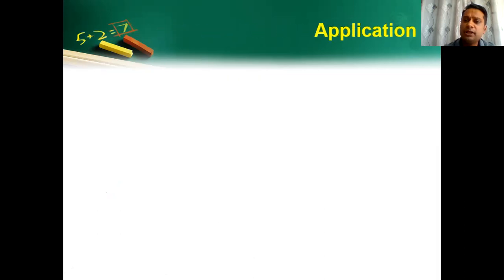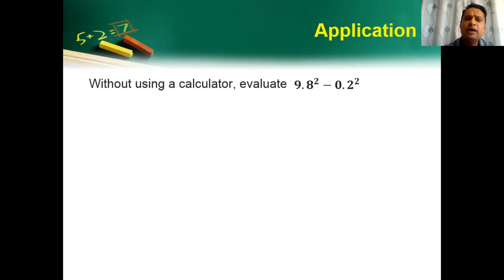Let us now try an application. Without using a calculator, evaluate 9.8 squared minus 0.2 squared. 9.8 squared minus 0.2 squared is in the form of a squared minus b squared.